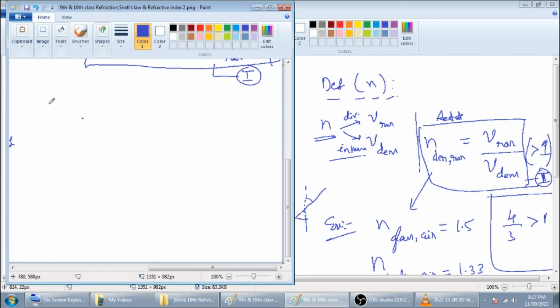Previously we have seen the basic form of Snell's law. By applying these last two equations and combining them, we can get this different form of Snell's law of refraction.